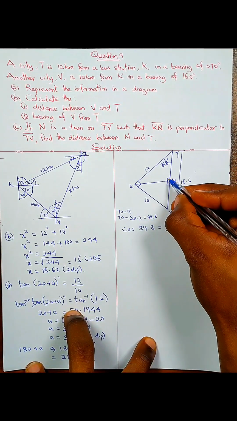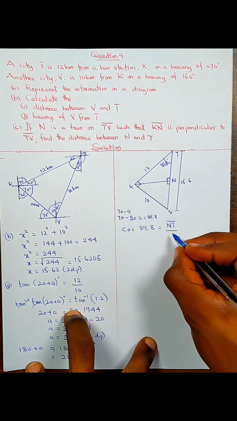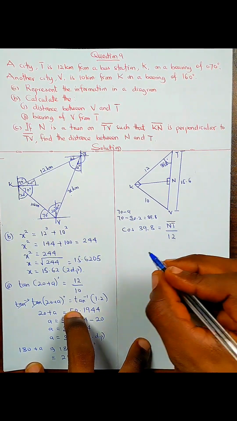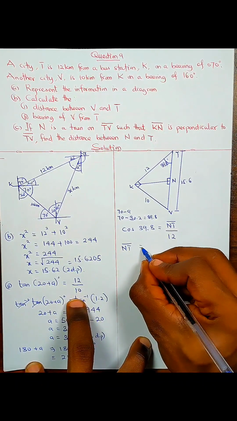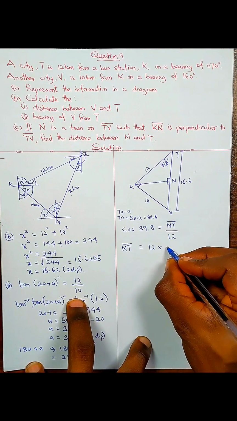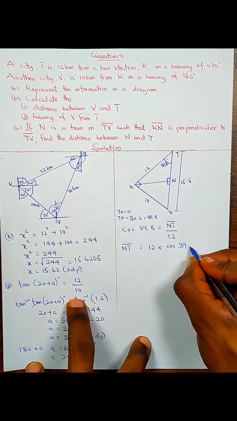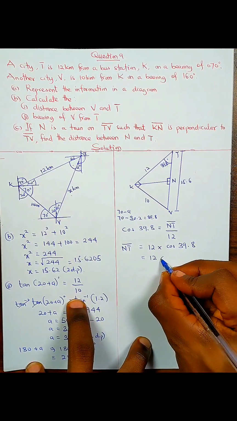In this case, is the 90 degrees. So the side facing the 90 degrees is the hypotenuse. That is 12. So we are looking for NT length. So let's make NT length the subject. It becomes 12 times cos 39.8.